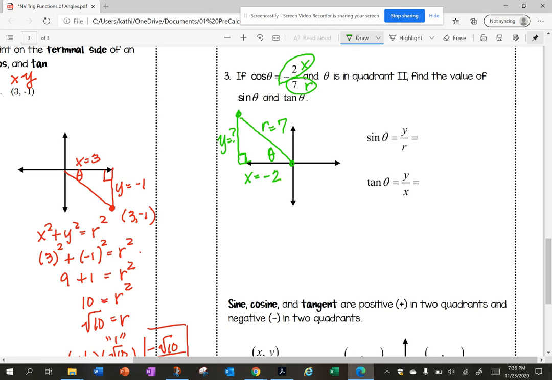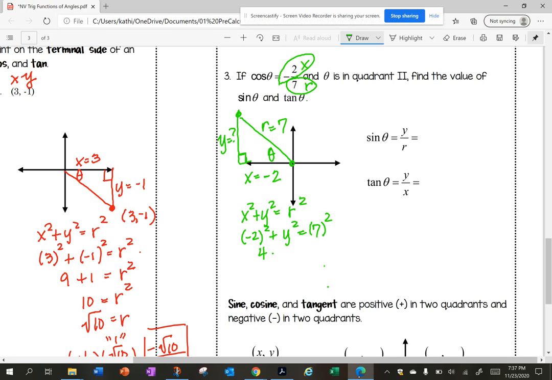So I'm going to start by finding what my y value is by using the equation x squared plus y squared equals my radius squared. So I know x is -2 quantity squared plus y squared equals 7 squared.